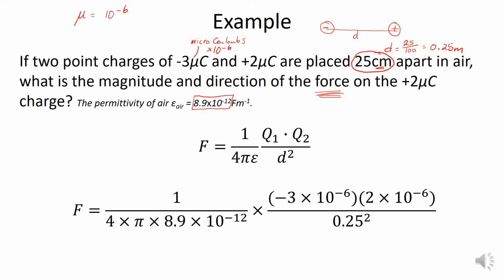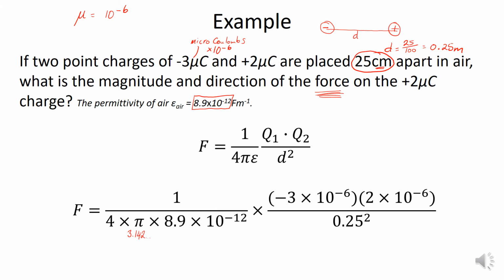Your calculator will insert pi, or you can use 3.142, or go to as many decimal places as you like, times 8.9 times 10 to the power of -12. That's the first fraction, multiplied by, and I'm using brackets just to separate those things so I can see clearly, the -3 microcoulombs first, multiplied by the 2 microcoulombs, and underneath I have 0.25 squared.